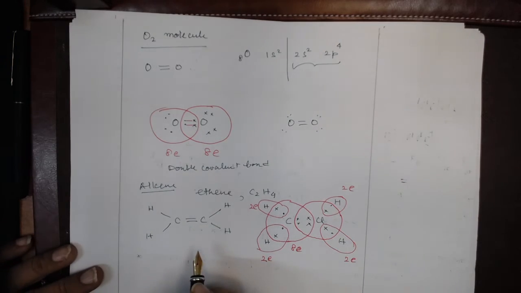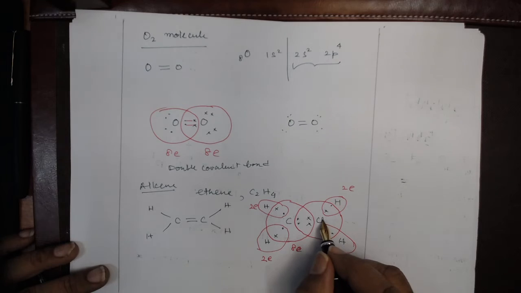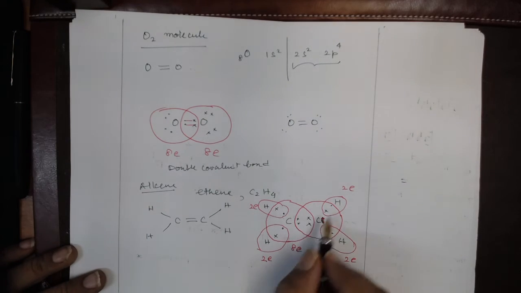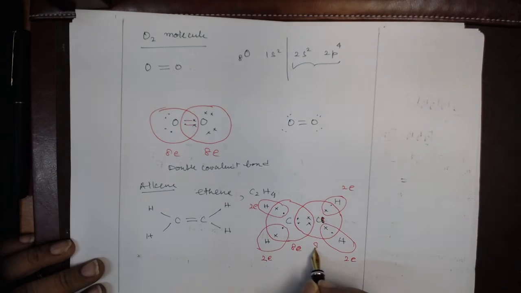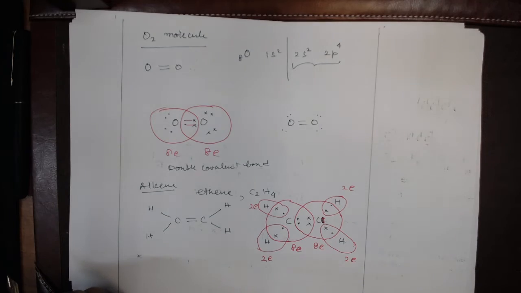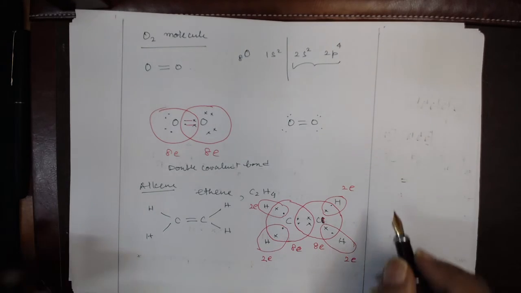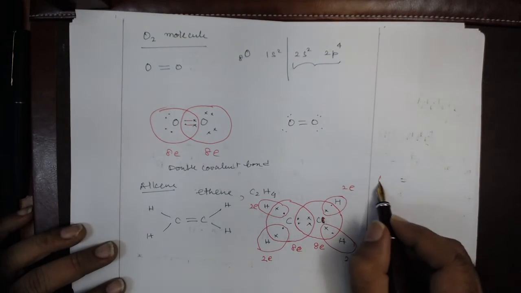Okay. Actually I am talking about C, not chlorine. C. So this too has 4 electrons here. Okay, so this is C2H4, and this is also having 8 electrons. So overall the structure is stable, and this is called the Lewis electron dot structure.